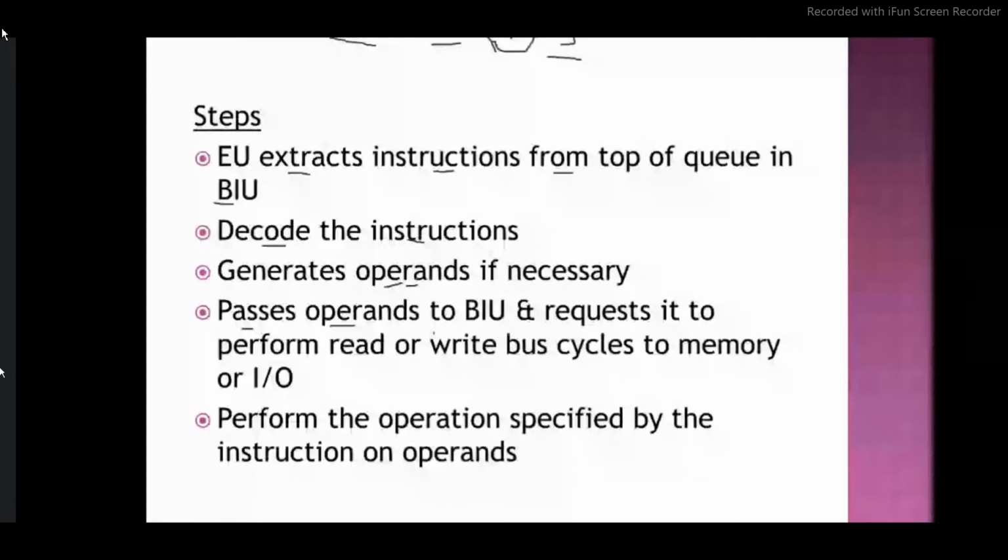If we need to take data from user, if you need to enter the values, then the BIU will read and write the data because we need the bus over there for reading and writing.